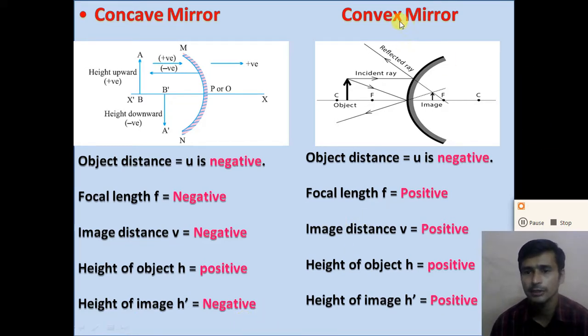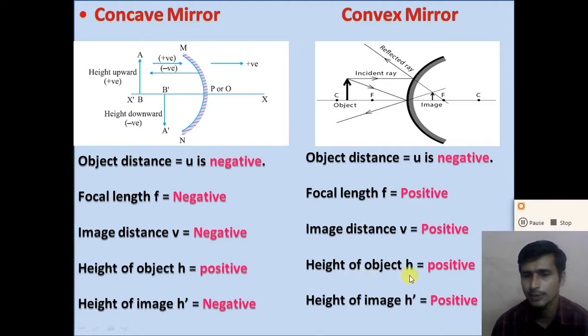In case of the convex mirror, the object distance is negative, right? So in case of the concave mirror as well as the convex mirror, the object distance is always negative, but the focal length of the concave mirror is negative, and the focal length of the convex mirror we take as positive. In case of the convex mirror, the image distance is positive, right?